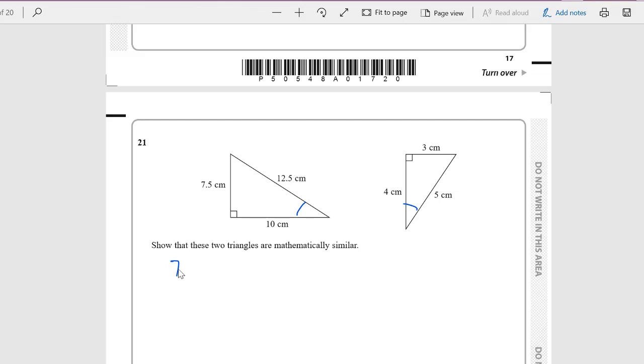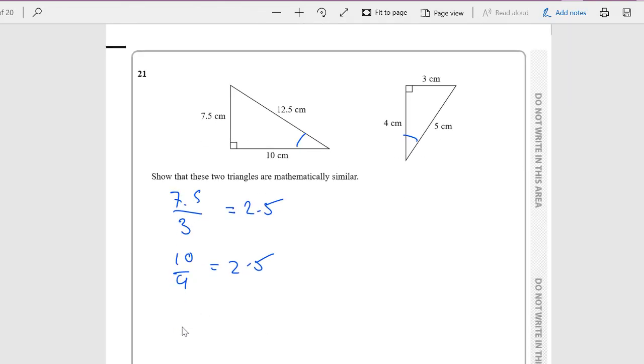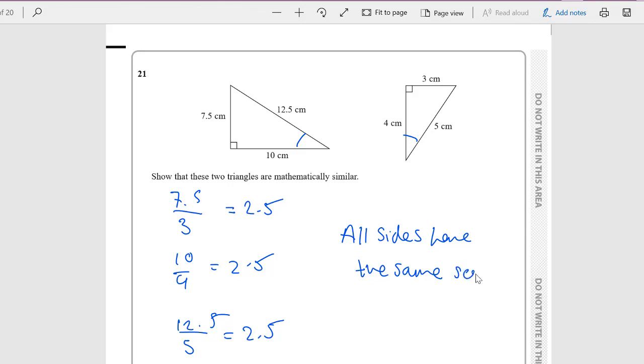So 7.5 divided by 3 gives us 2.5. 10 divided by 4 is 2.5, and 12.5 divided by 5 equals 2.5. So all sides have the same scale factor.